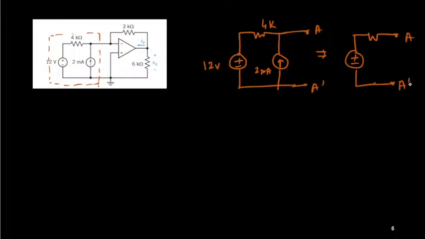So what is the VTH? Who can find out? In our previous lecture we have discussed so many problems on Thevenin circuits. So what is the VTH here? And what is the RTH here? And how quickly can you solve it?